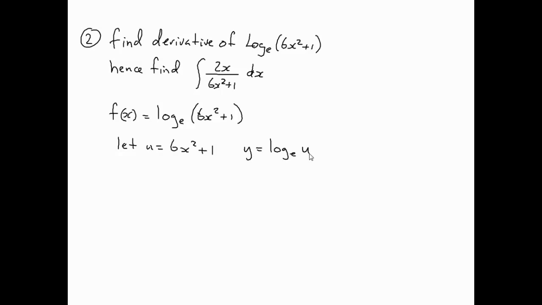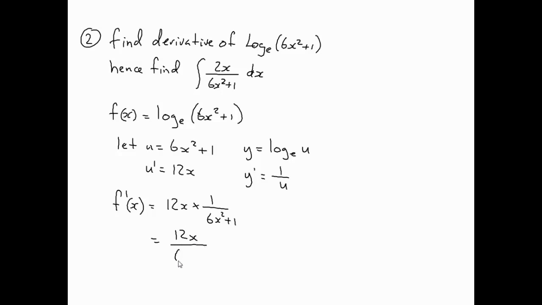Then u dash equals 12x, y dash equals 1 on u. Okay, let's put all that together. The derivative equals 12x times 1 on 6x squared plus 1, which is 12x on 6x squared plus 1. Okay, there's our derivative.